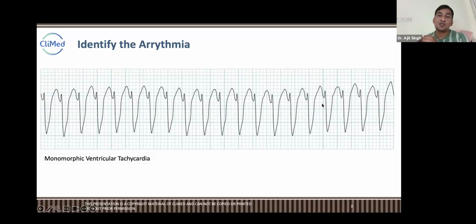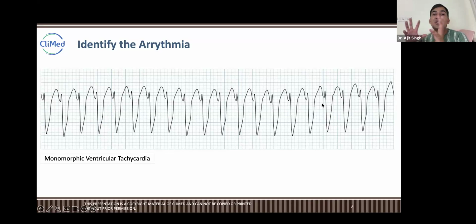And why will this pattern not be seen? Because when it is tachycardia, the R-to-R is very fast, usually more than 100 heart rate, and the QRS complex is more than 120 milliseconds.